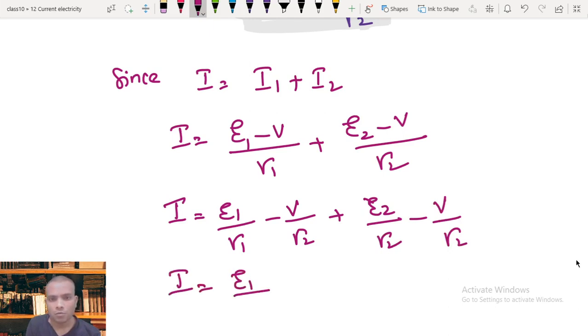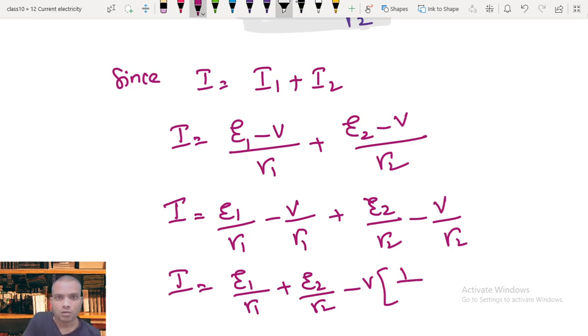I equals E1 upon R1 plus E2 upon R2 minus V of 1 by R1 plus 1 by R2.